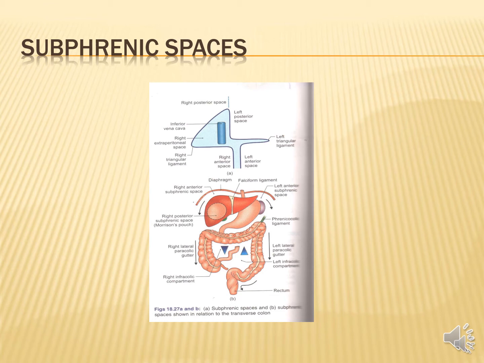So if there is infection on the right side, then it is confined there only, whereas infection in the left side space can go upwards also. After this we have the gutters, right and left paracolic gutters.